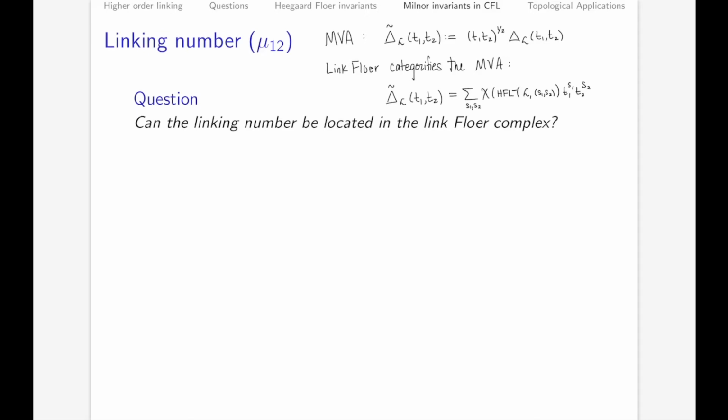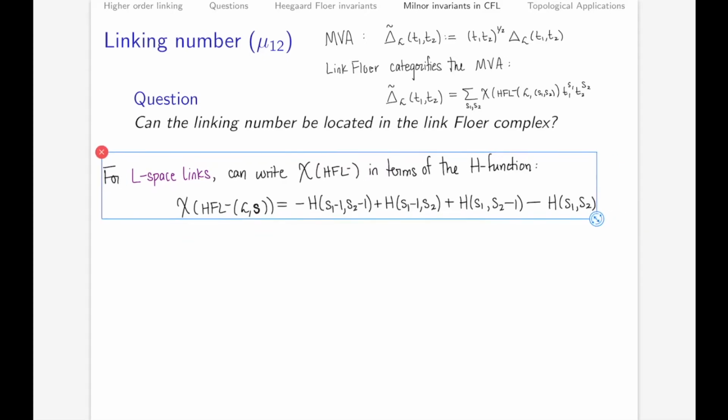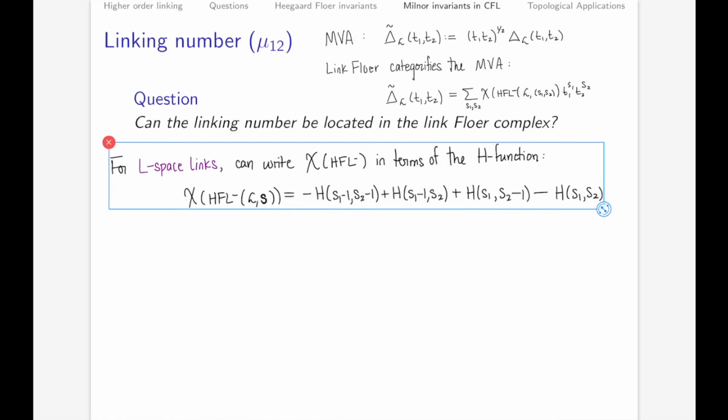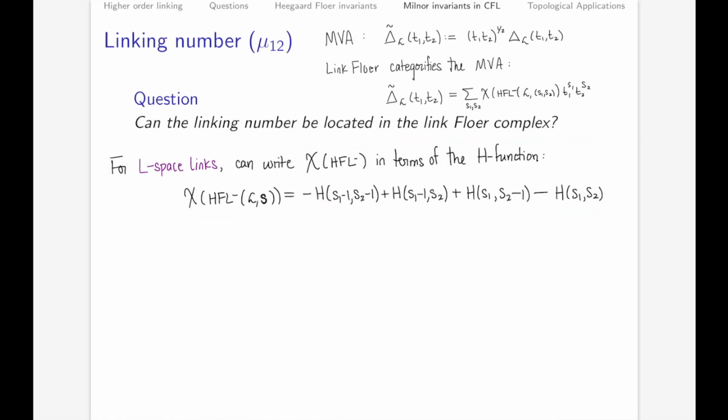Now, the nice thing about L-space links is that if you don't have any torsion, then you can write this Euler characteristic in terms of just the h function. If you do have torsion, you have to write down a more complicated formula. So I'm going to explain how linking number works in the case of L-space links. You can do it more generally, it just looks really messy.